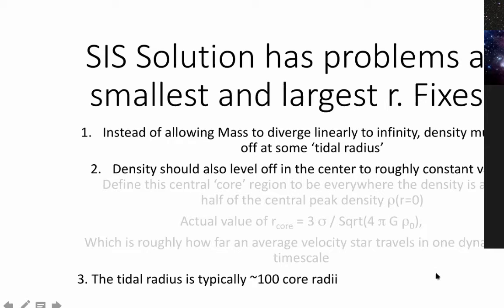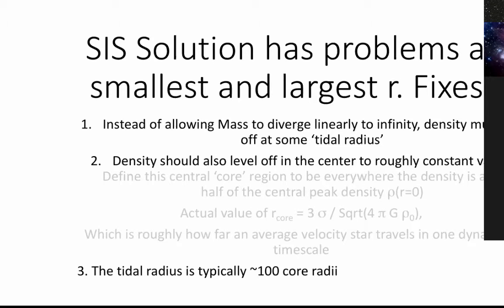Well, some galaxies do have cores in their centers, which is somewhat like what an isothermal sphere was supposed to be, but some galaxies do not have cores, constant density regions in the center.